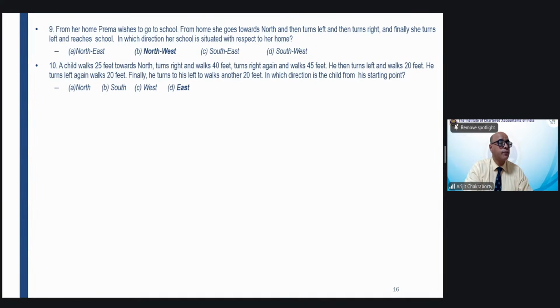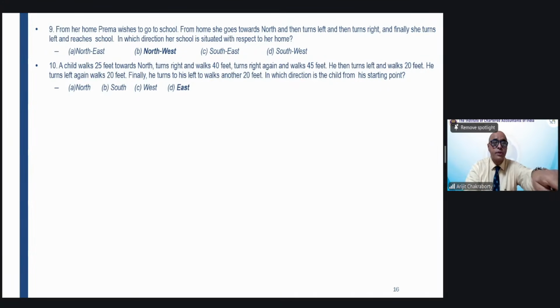He turns left again and walks 20 feet. There's a lot of movement. Okay, again 20 feet. So be very careful because I'm reading and explaining. You shouldn't miss any point. So 25 feet towards the north, 40 feet towards the east, then turns right, walks 45 feet towards the south, again left and walks 20 feet.